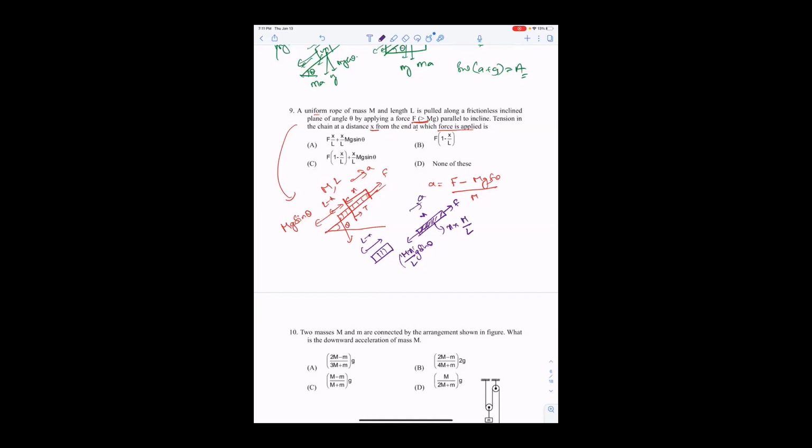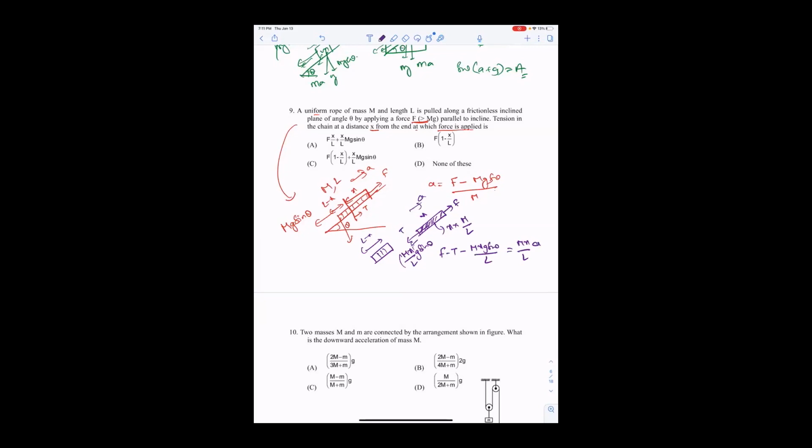Acceleration is A. He's asking the tension. Here there's a tension T. This is one way of writing, or I can take the other part and write, your wish. So if I write F minus T minus mxg sine theta by L is equal to mass of this, mx by L, into acceleration A.